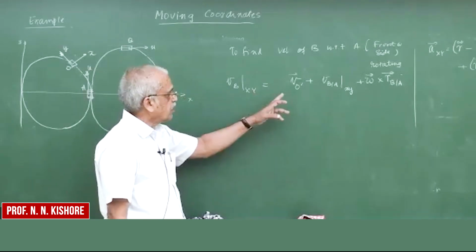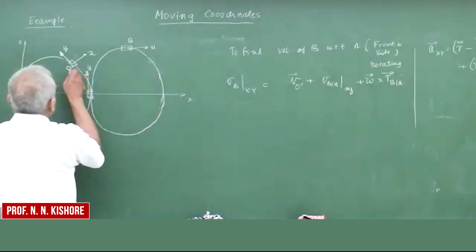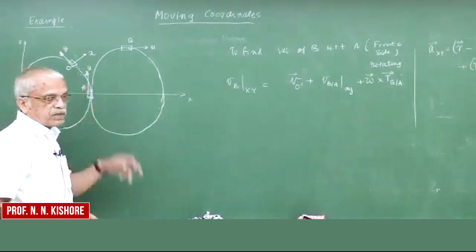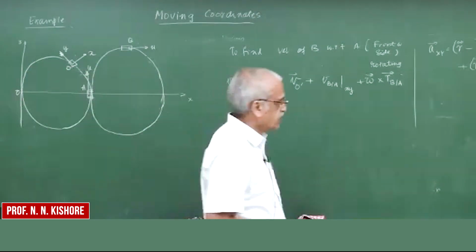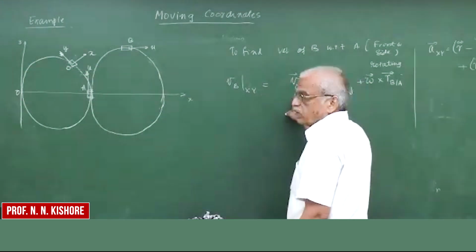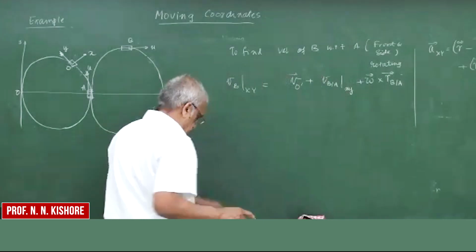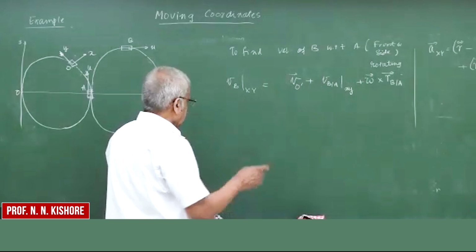This is because here this is the O prime, and this is O, let us say. This O prime itself has a certain velocity, so that is what you need to put here, O prime. Okay.